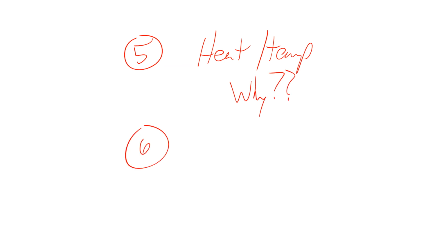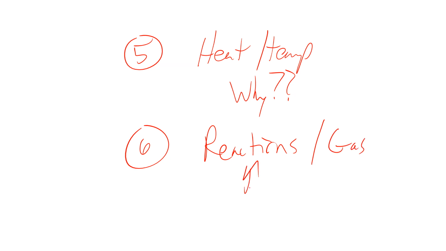Be sure you can answer why. And then number 6 is sort of reactions and gas, like I said. I'm going to try to relate them. Some tests might just have something about gas. Some tests might just have something about reactions. But when I say reactions, I'm talking collision theory, right? Why surface area and concentration and heating up and all that stuff have something to do with it.